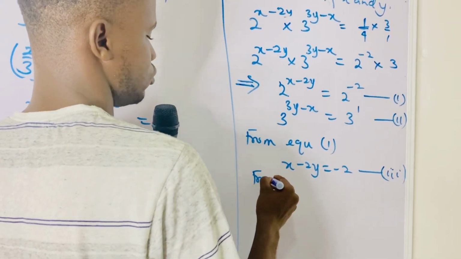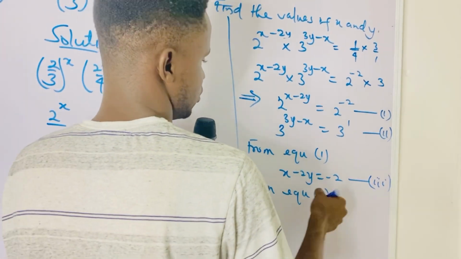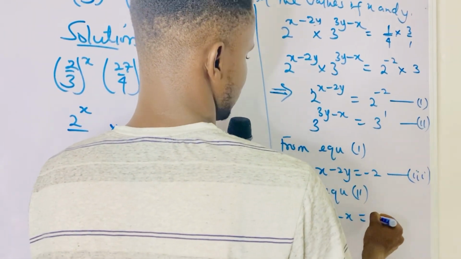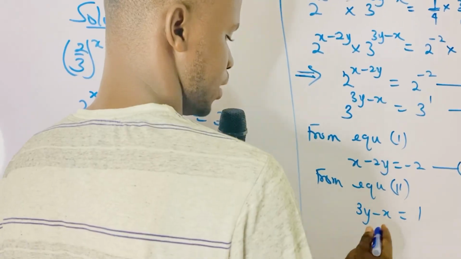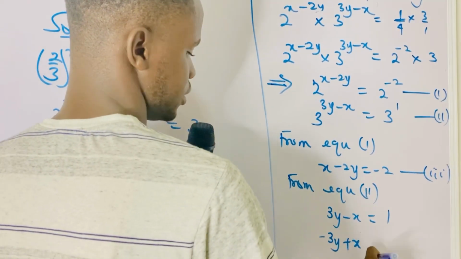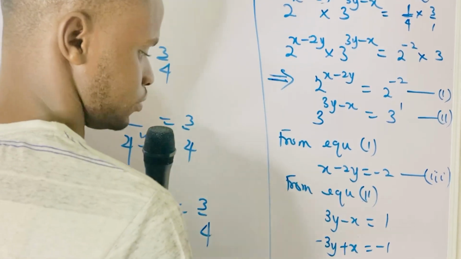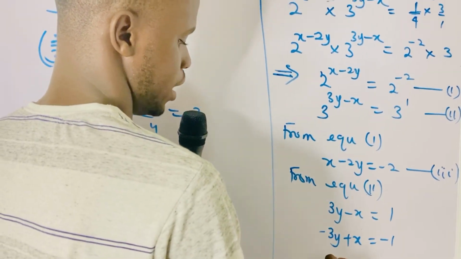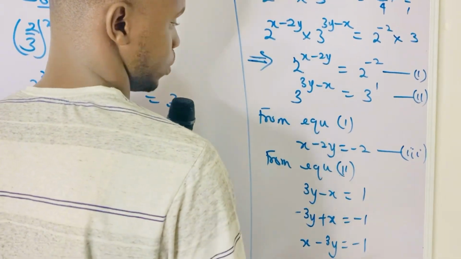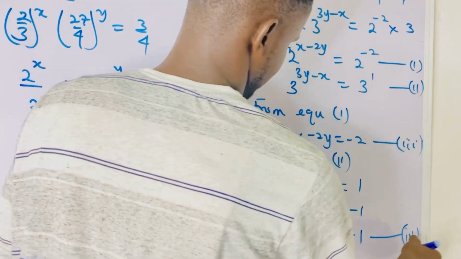And from equation 2, you can see that 3y minus x equals 1. Multiplying by negative, we have minus 3y plus x equals minus 1, which can be arranged to be x minus 3y equals minus 1. Let's call this equation 4.